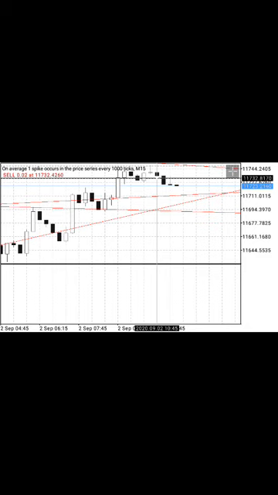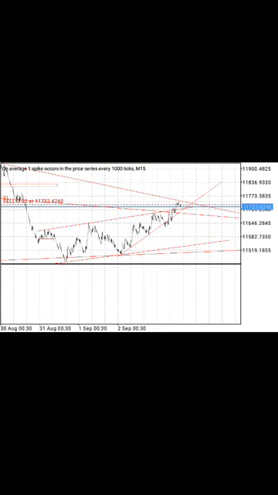So I gave myself a 16 pip risk, and I'm looking at exiting that trade somewhere at this point, 11652. That's over 100 pips, or close to 100 pips. So if you look at the risk to reward ratio, it's almost 1:9. Yes, 1:9. Why am I telling you this?